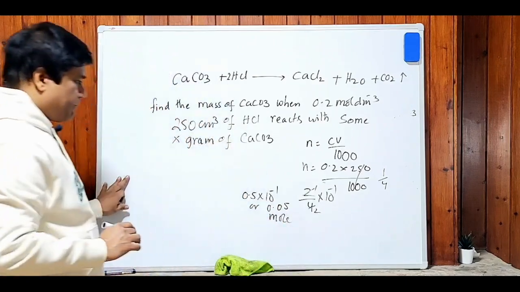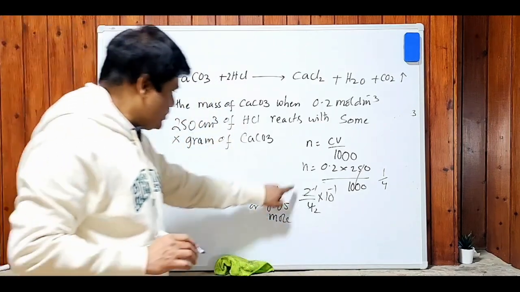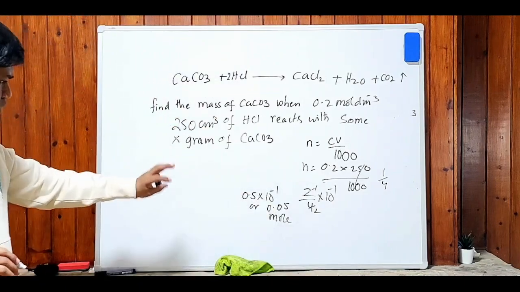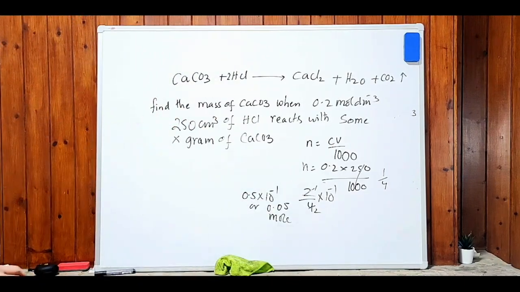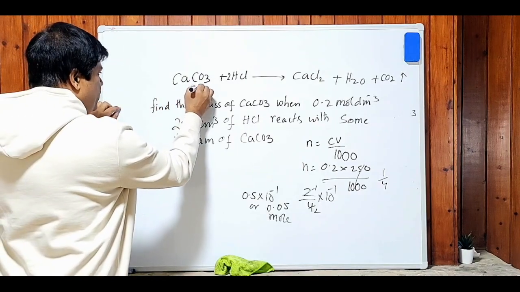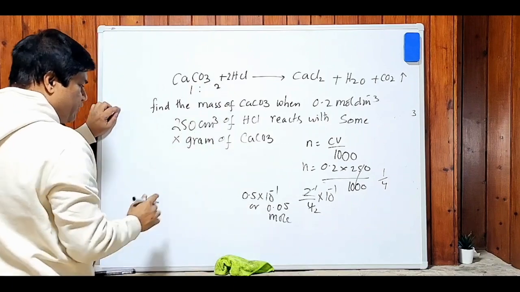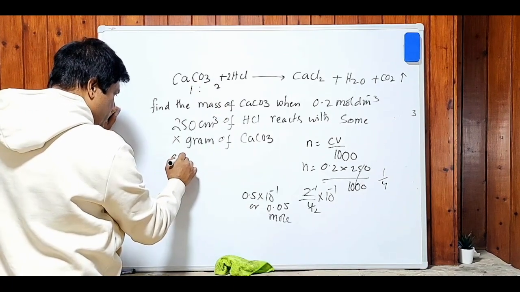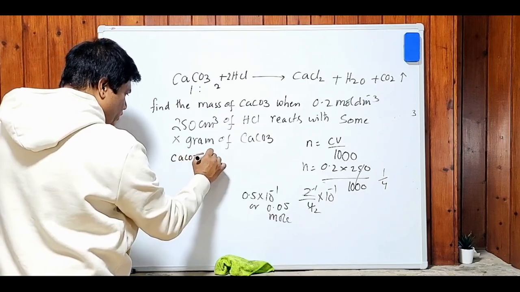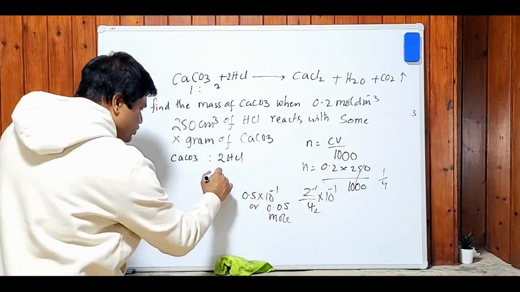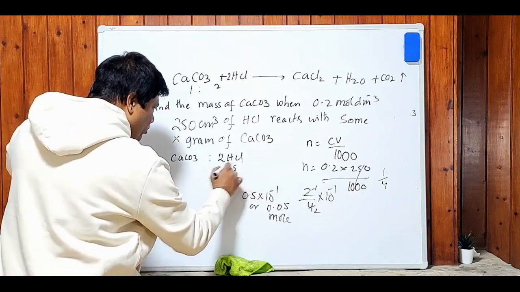Agree? So we got 0.05 mole of HCl. What's the theoretical ratio? 1:2. So CaCO3 versus 2HCl. I got 0.05 mole.